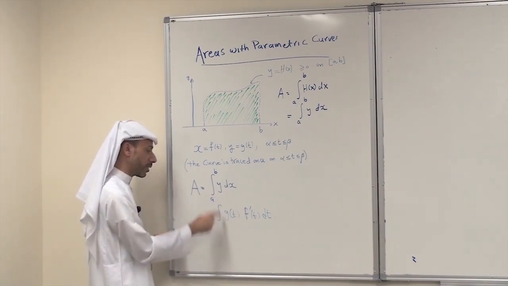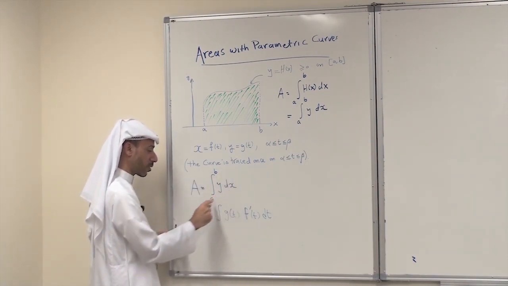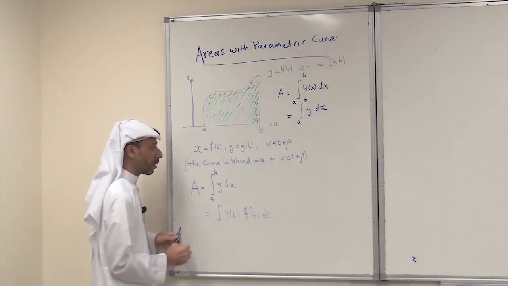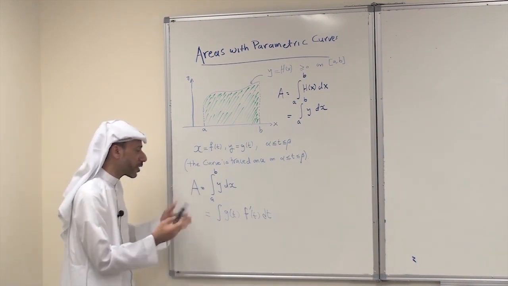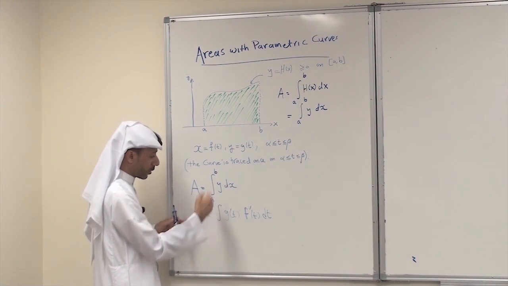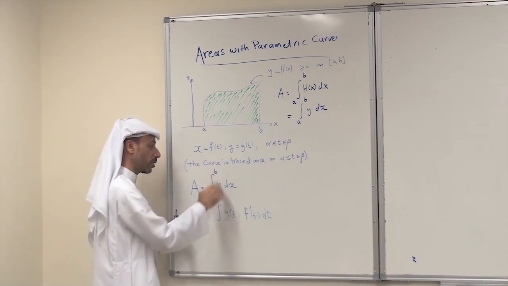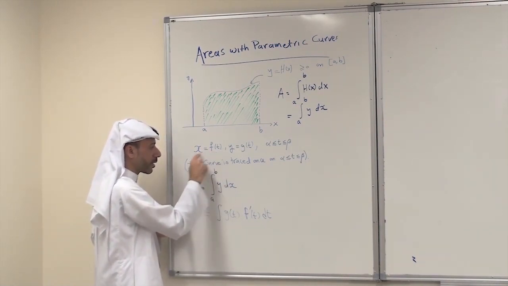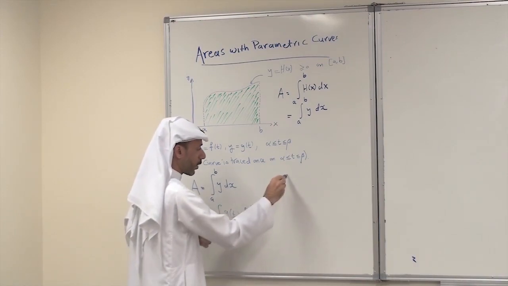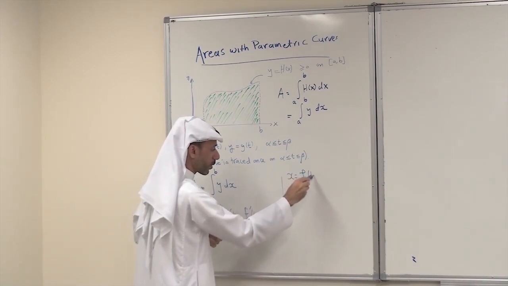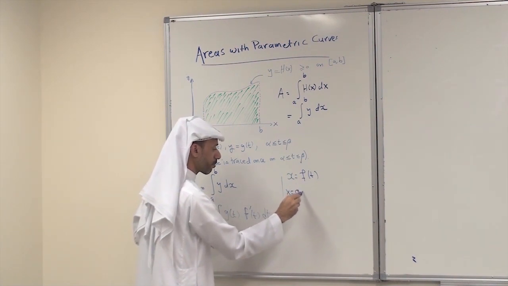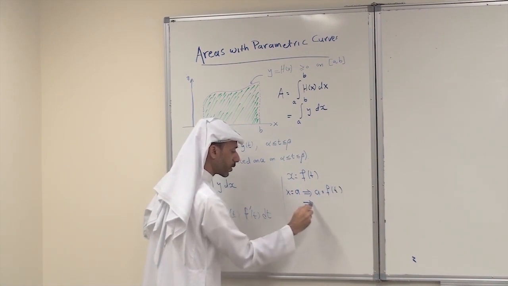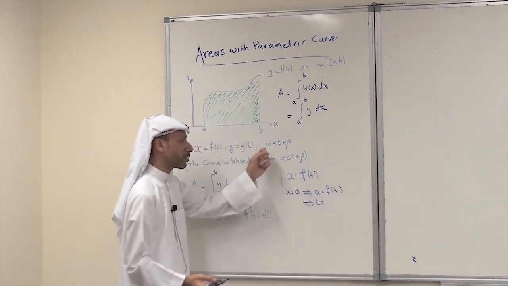Now we have to change the limits. The limits in rectangular form go from x equals a to x equals b. Now what are the corresponding limits for t? Just like Math 101, if x equals a, what is the corresponding t? If x equals b, what is the corresponding t? Use the given equation relating x and t. Here you have x equals f of t. So if x equals a, you get a equals f of t, and then you solve for t, and you will get either alpha or beta.